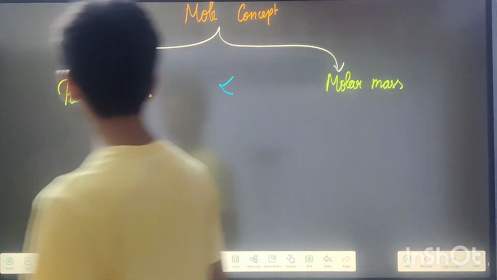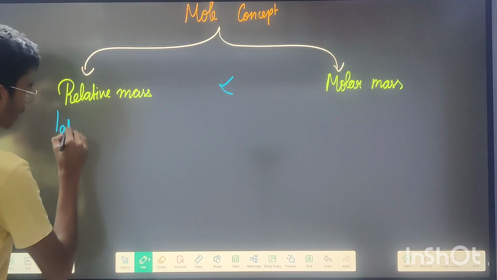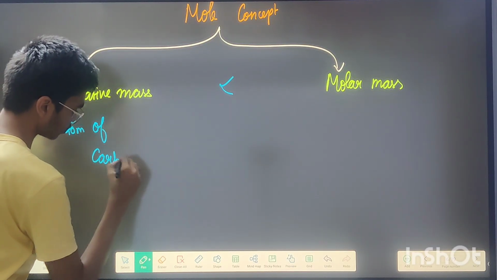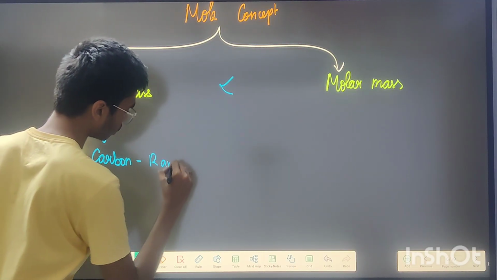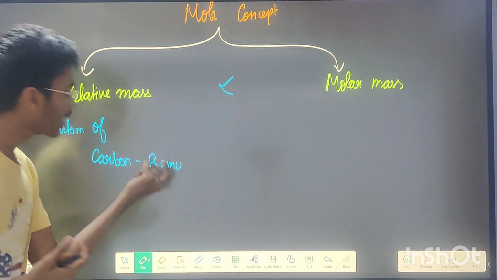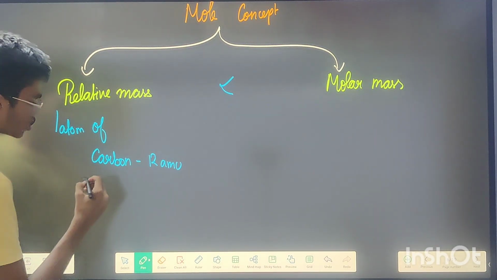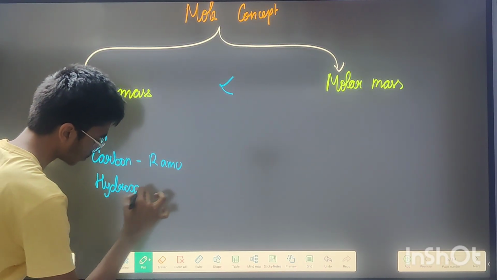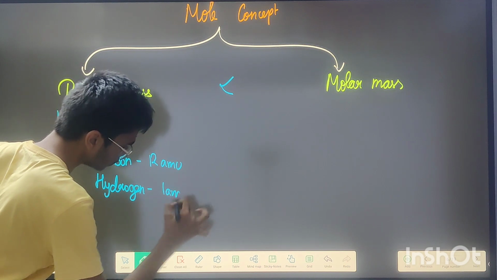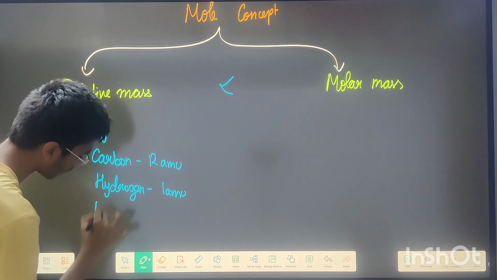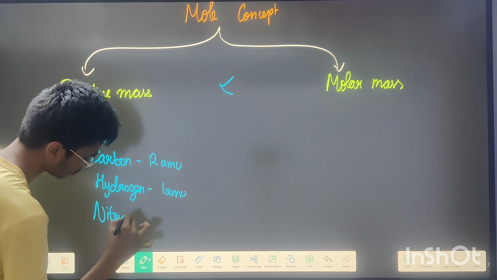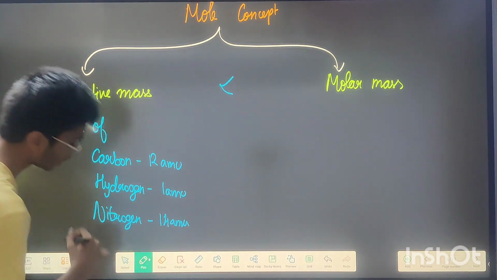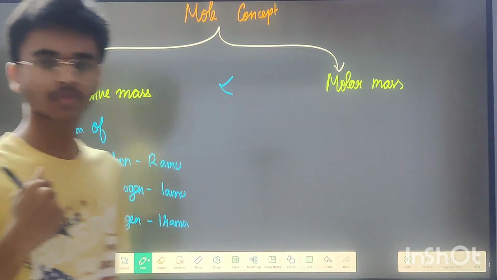That means, for an example, one atom of carbon is 12 AMU, where AMU is the unit of relative mass. For your hydrogen, it is going to be 1 AMU. For your nitrogen, it's going to be 14 AMU. Like that, this will be differing.